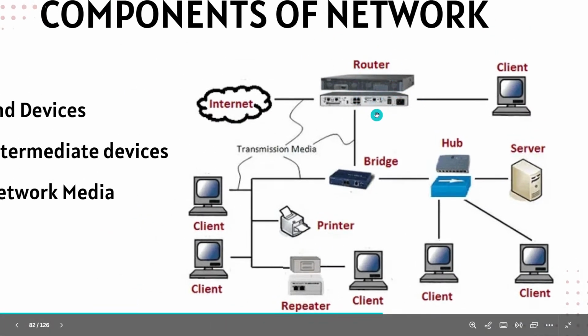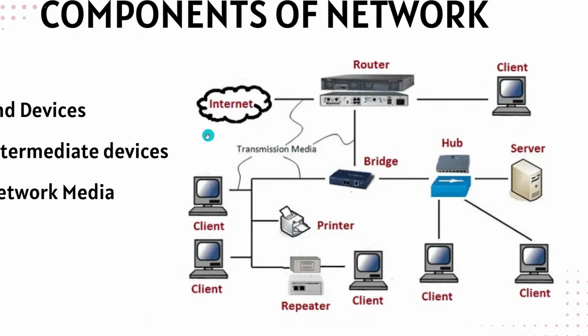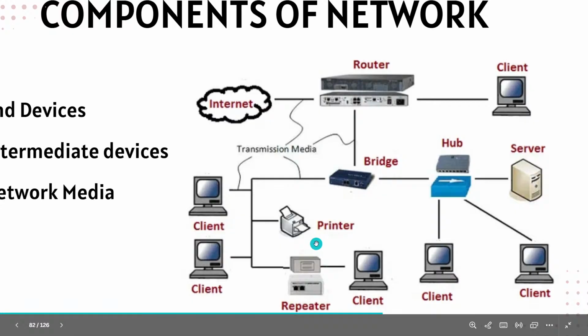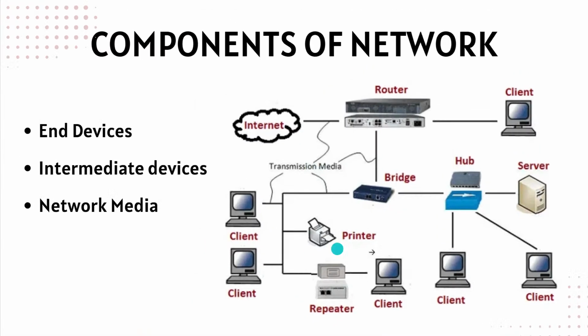These devices only do one thing, that is, transfer data from one side to another side in a network. So these are called intermediary devices. Devices that just send data from one end to another are called intermediary devices.